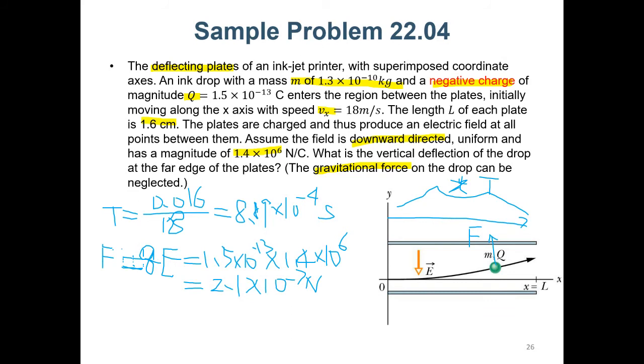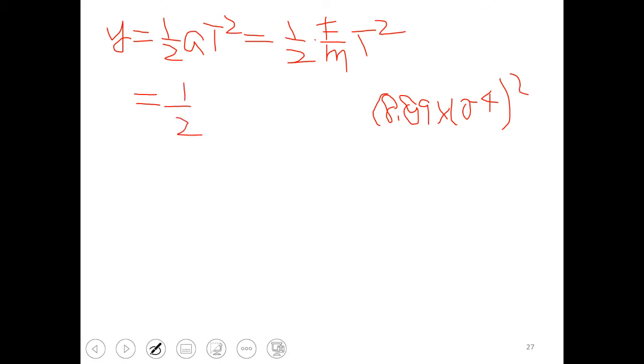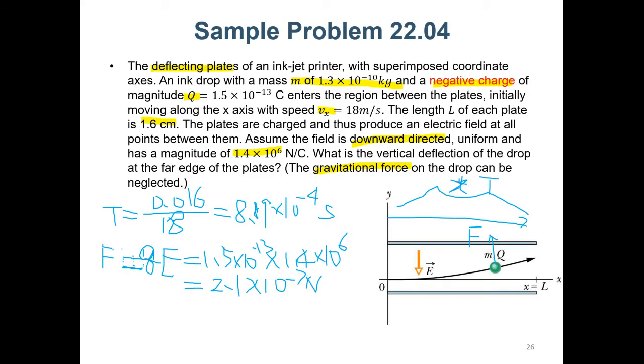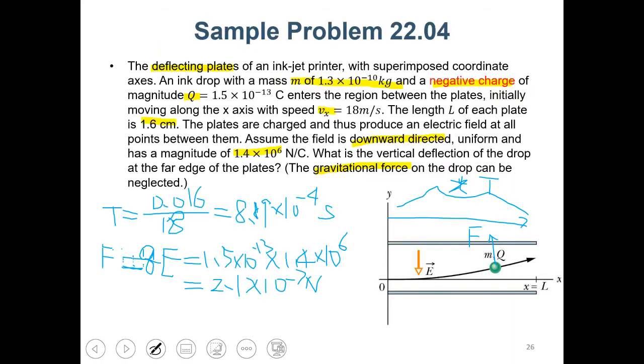So t is 8.89 times 10 to minus 4, squared, times 1/2. F is 2.1 times 10 to minus 7, and then m is 1.3 times 10 to minus 10 here.